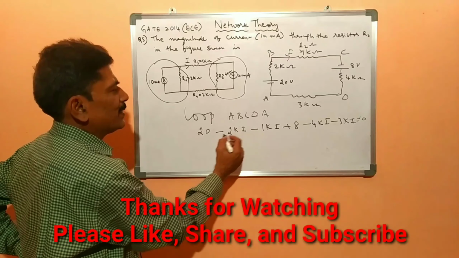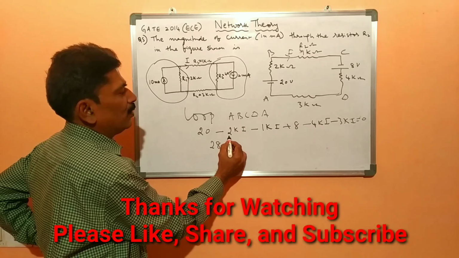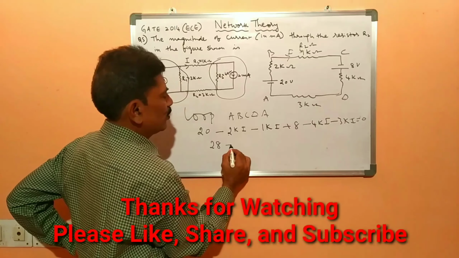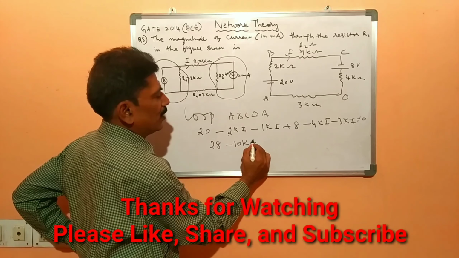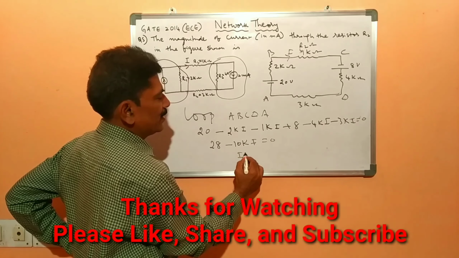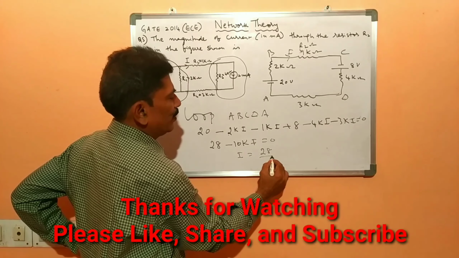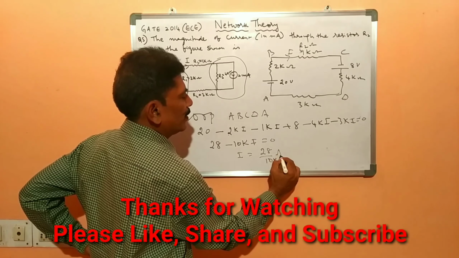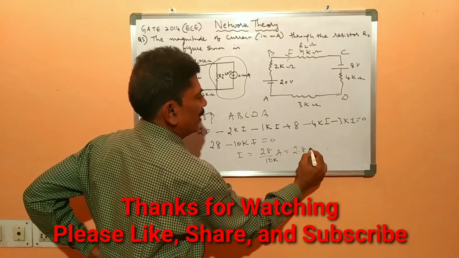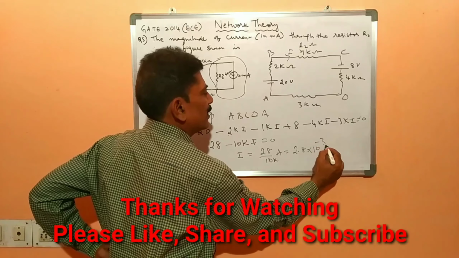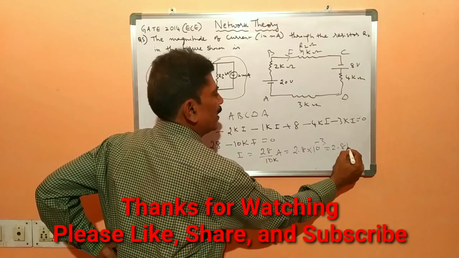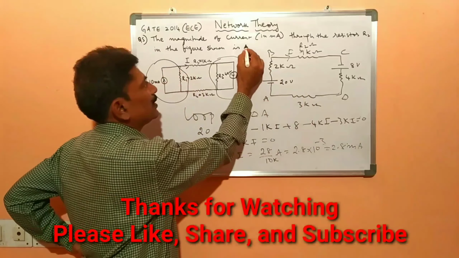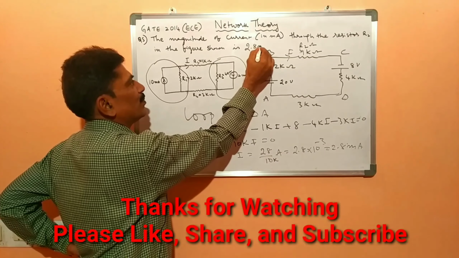So 20 plus 8, 28, and 2 plus 1, 3, plus 4, 7, plus 3, 10. So minus 10K into I is equal to 0. From this, I is equal to 28 by 10K amperes, which is equal to 2.8 into 10 to the power minus 3, which is equal to 2.8 milliamps. That is the answer, 2.8 milliamps.